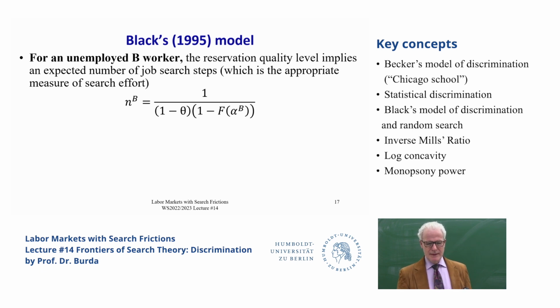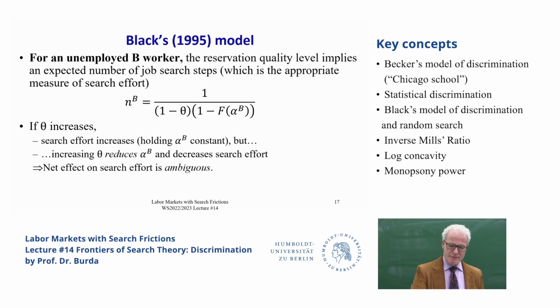So you can see that theta increasing will, ceteris paribus, raise N_B, but it will also affect alpha_B. Alpha_B is the reservation utility level or quality level that person needs to have to accept a job. So that will also be endogenous. So alpha_B depends on theta. Okay, so it's not enough just to say, oh, I see, theta goes up and therefore N_B goes up, because you have an offsetting effect.